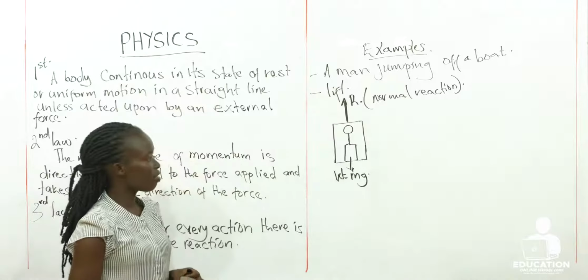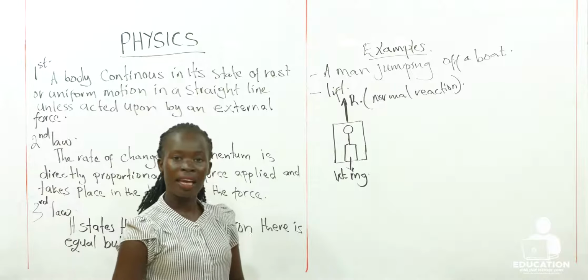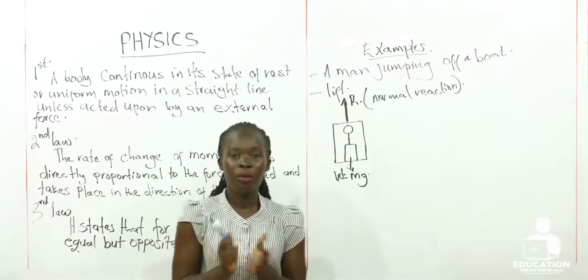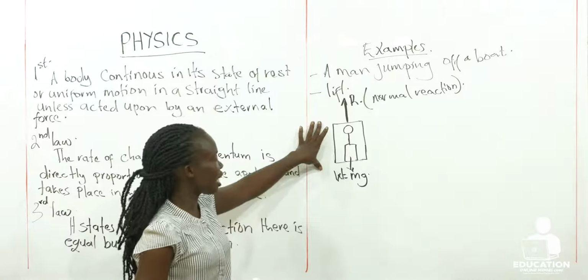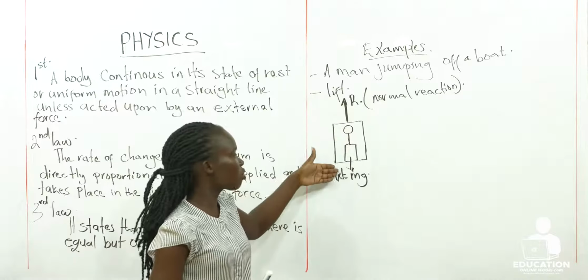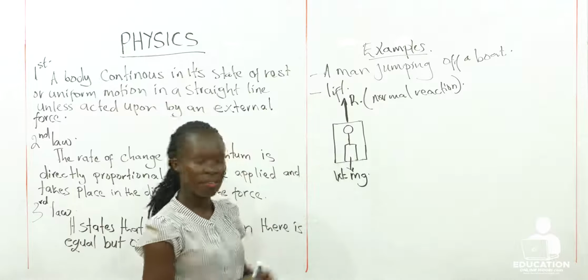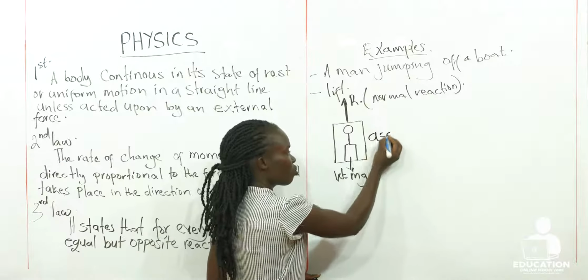If that is the case, what happens to the acceleration? Because remember, a lift moves. It can go upwards or downwards. But in this case, when you're just standing in the lift, these are the two forces that will act on the lift. And at this point, the acceleration is equal to 0.